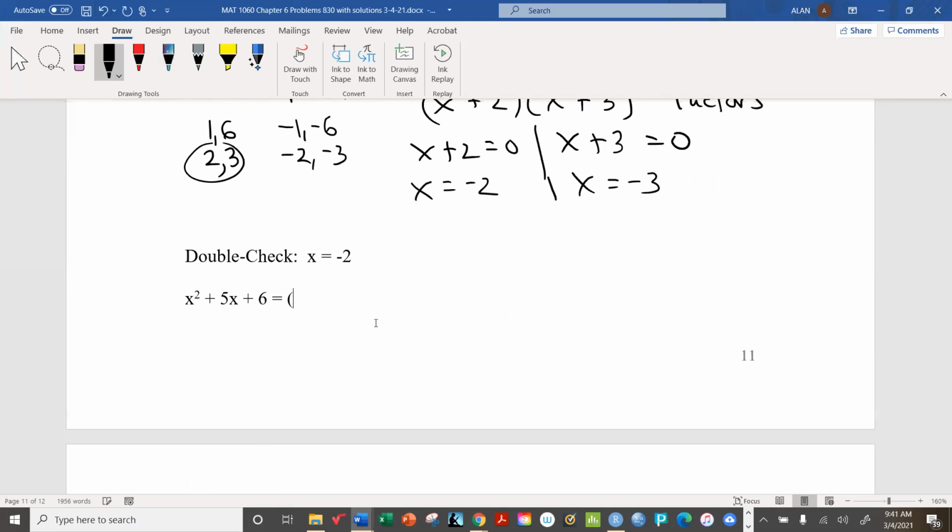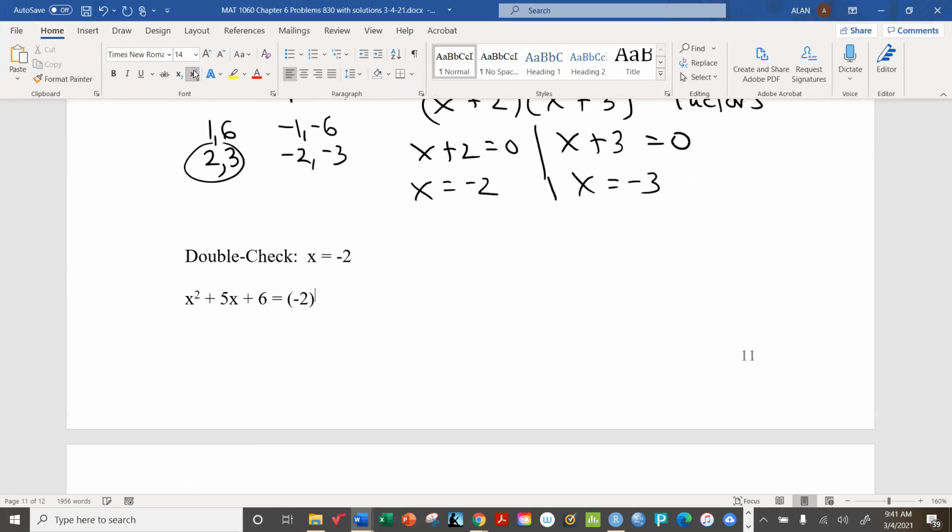This expression equals -2 squared plus 5 times -2 plus 6. -2 squared is 4, minus 10, plus 6 equals -6 plus 6. That equals 0. So we're good there.